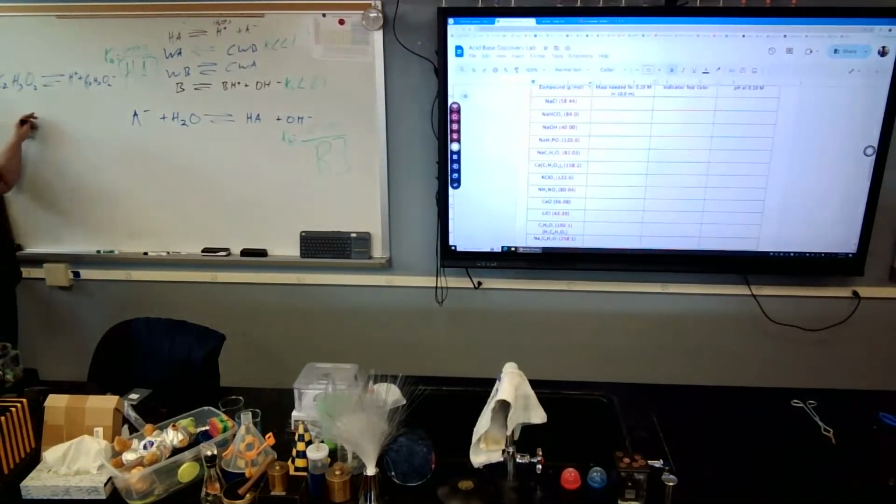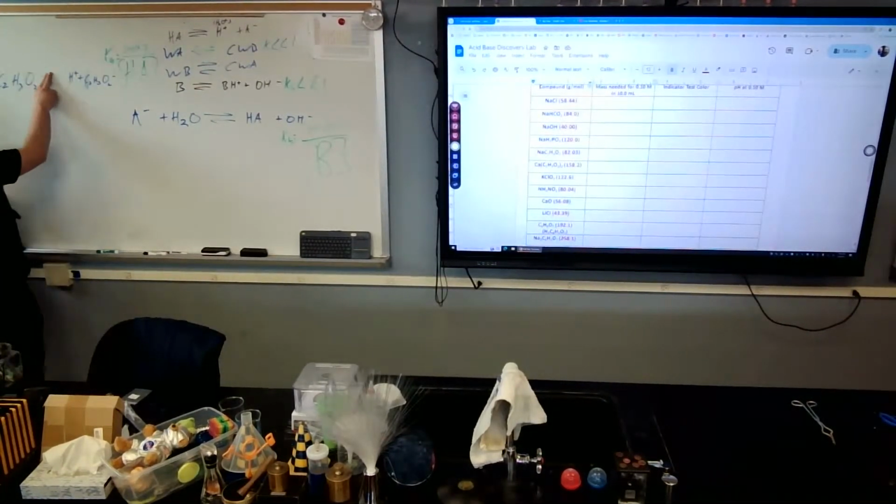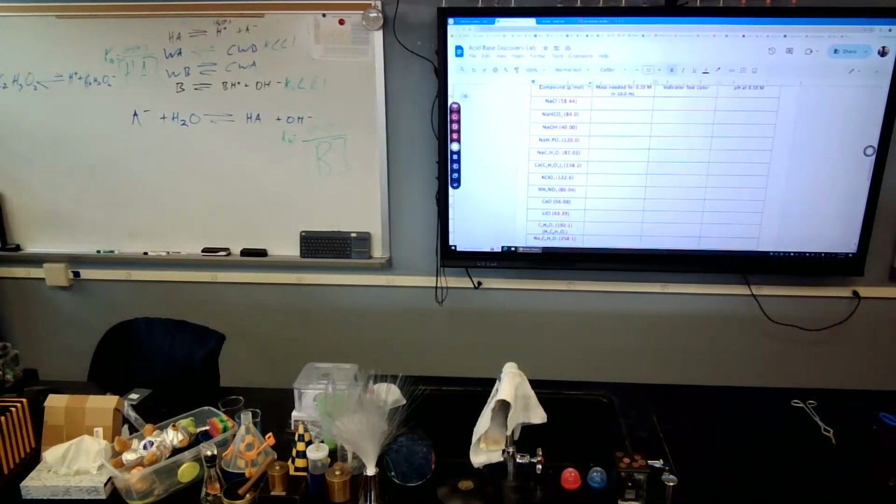This is the ion that you taste in vinegar. Okay. So where does the equilibrium primarily lie? With the undissociated molecules. So the equilibrium primarily lies with the reactants.